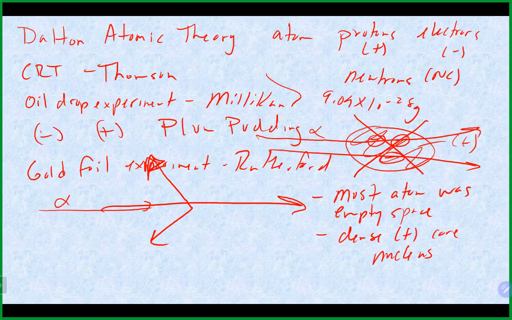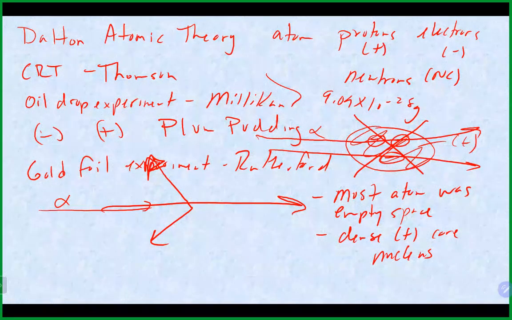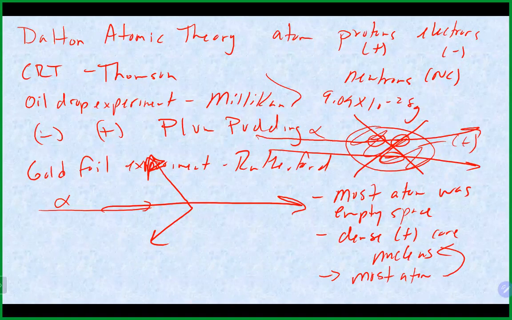They had to hit something that was very, very positively charged in order to scatter it at those really large angles. They also said that most of the mass of the atom was actually the nucleus. As later experiments discovered, both the proton and the neutron were about 1,800 or so times heavier than any electron that's flying around.